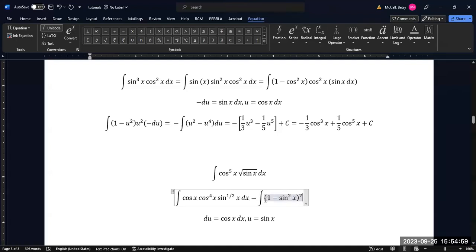Again, 1 minus sine squared x is cosine squared, but I have cosine to the fourth, so that's cosine squared squared. And so I'm going to have to distribute this at some point. I still have my sine to the 1/2 x, and then my du is my cosine x dx.